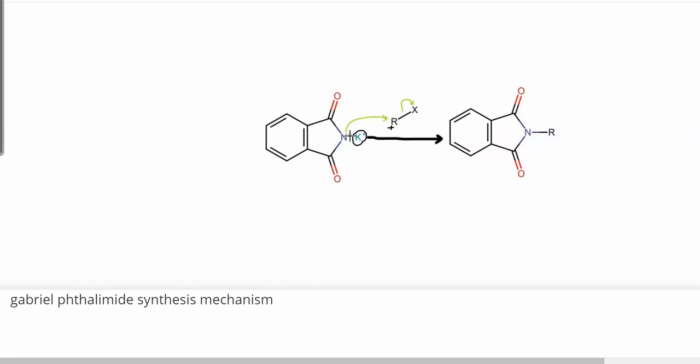There, the nucleophile nitrogen, the nucleophile phthalimide, will react with the carbocation of the alkyl halide here, and it will form the compound that is N-alkyl phthalimide.